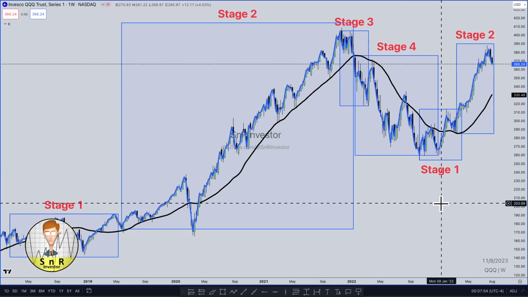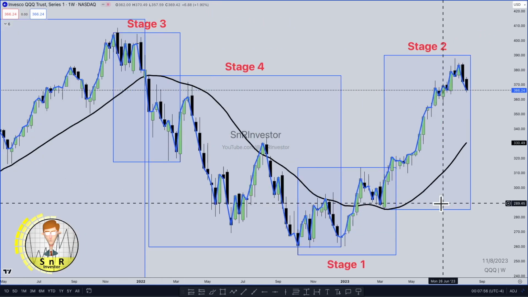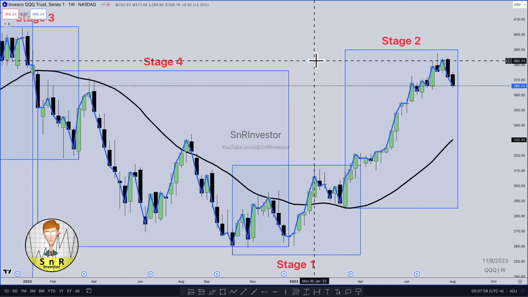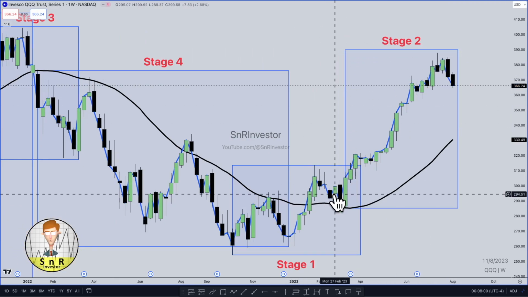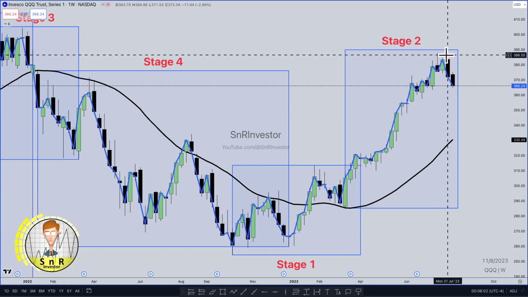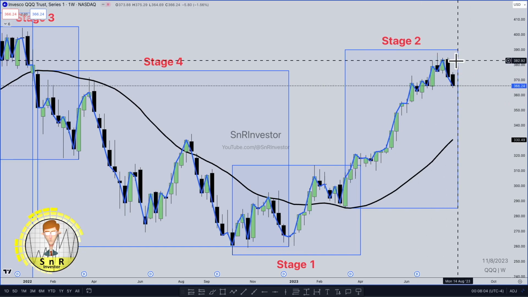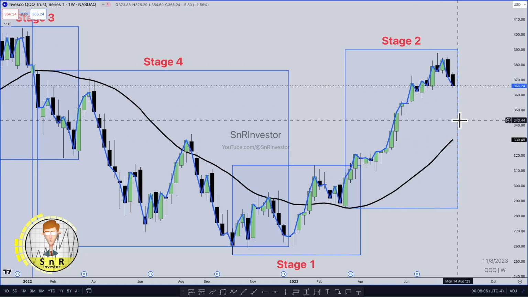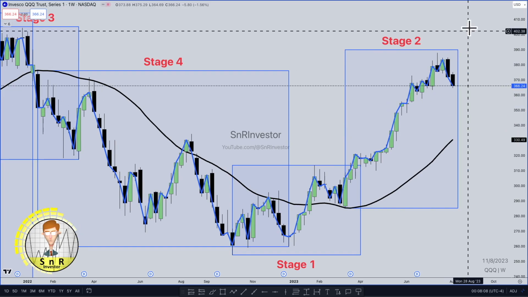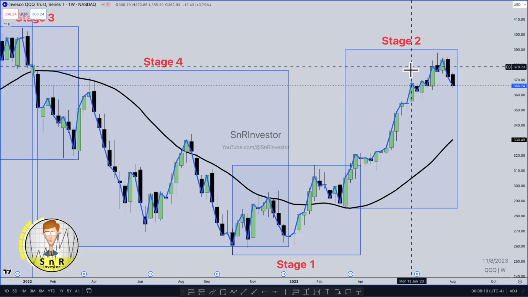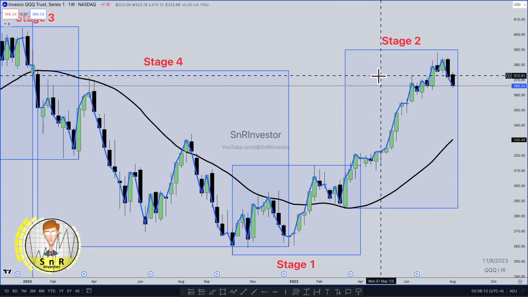Okay, so if we were to zoom in again, same as S&P 500, we would most likely look at price moving towards the 30-week moving average and maybe bounce off and continue stage 2, or it could proceed into stage 3.